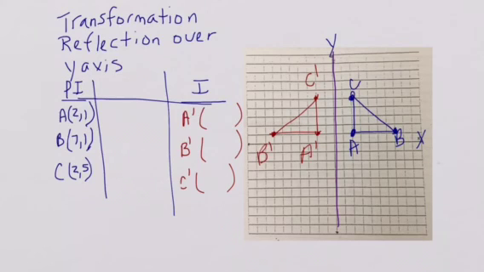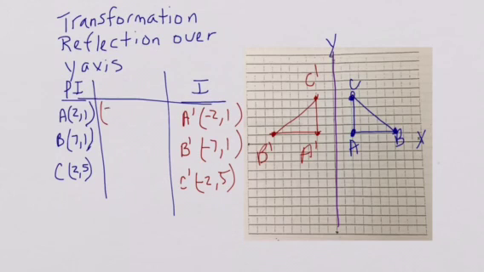So again, what happened here? Well, let's look at our ordered pairs. We now have -2, 1. We now have -7, 1. And we now have -2, 5. So with that, our x-coordinates were being multiplied by -1.